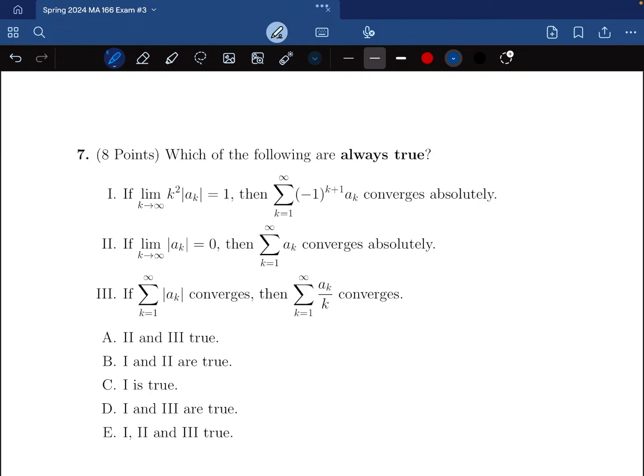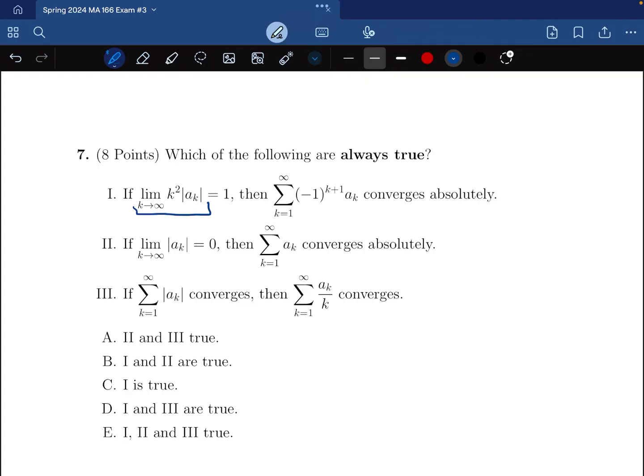Okay, so given that this statement has a limit, we probably want to use one of our series tests to prove that the statement is true or that it is false. So we have our comparison test, limit comparison test, ratio test, and integral test.